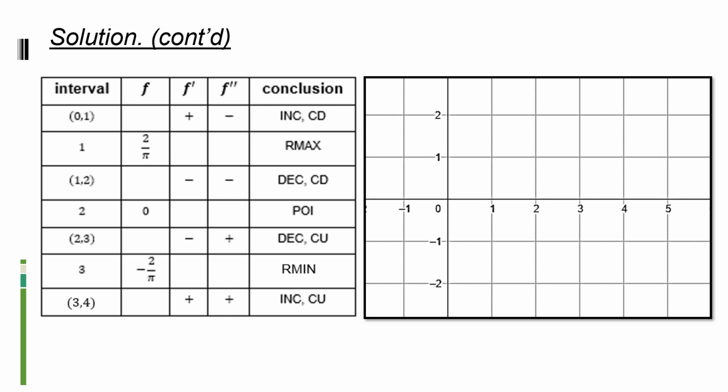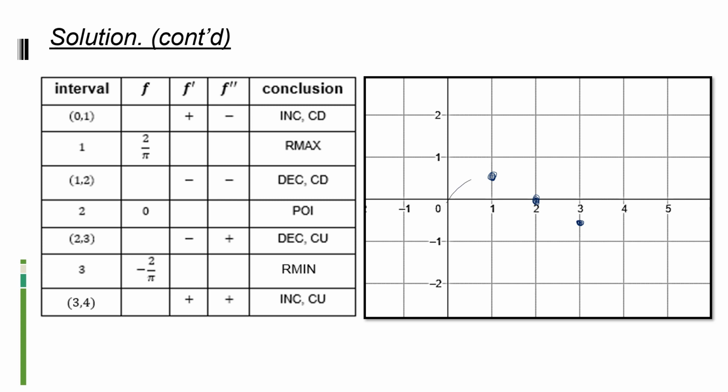So first, we have the point 1, 2 over pi, that is 0.63, so somewhere here. And then we have 2, 0, and then we have 3, negative 2 over pi, somewhere here. So it says, from 0 to 1, we have an increasing function and concave down.